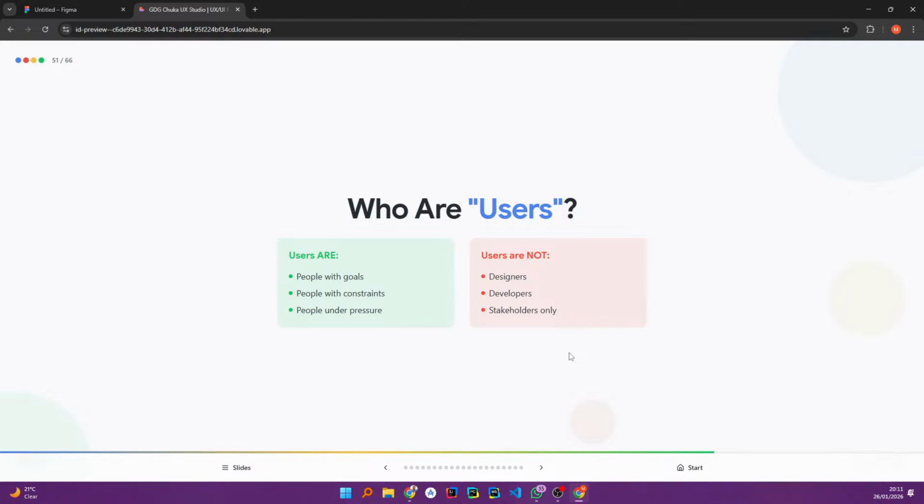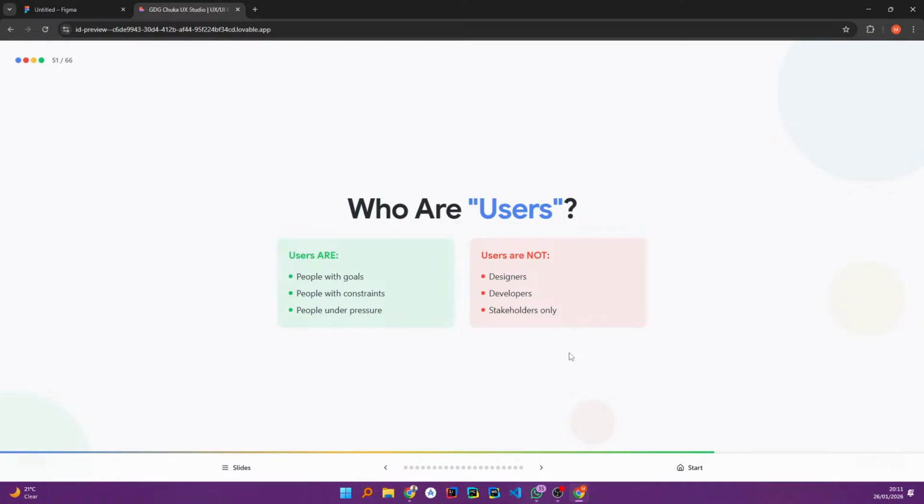You just need to look for a place where you're going to prompt it to give you the end result. And then you copy it, you paste it to email, and then you just send it to where you're supposed to send it. So sometimes users are usually these people. Yes, of course, they have goals, they have constraints, and sometimes they're usually pressured to do something with the product that they're designing for. So these are what we refer to as users.